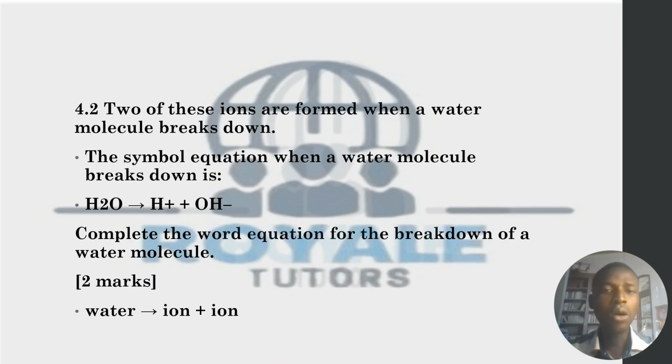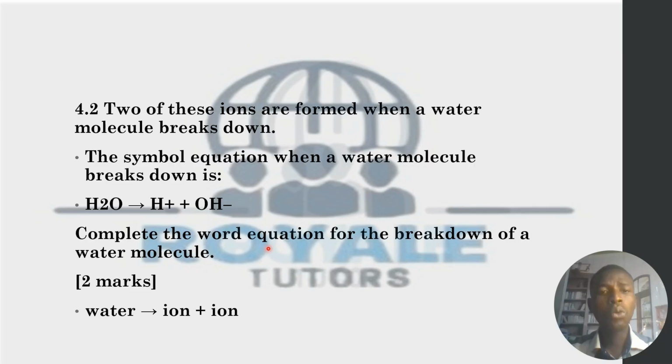When a water molecule breaks down, we've been given the symbols already. H2O is our water, then we have H plus, then OH minus. So how do you complete this? Complete the word equation for the breakdown of a water molecule.